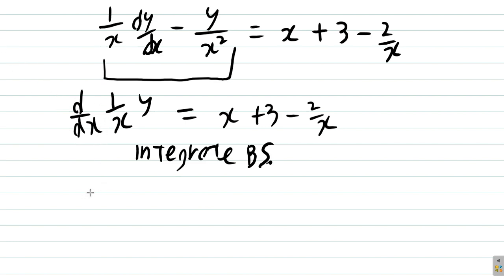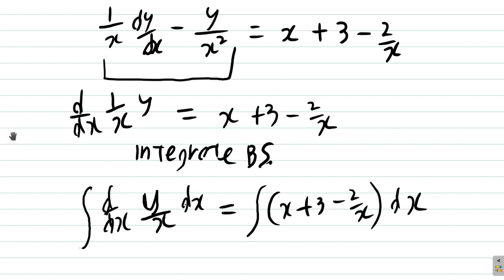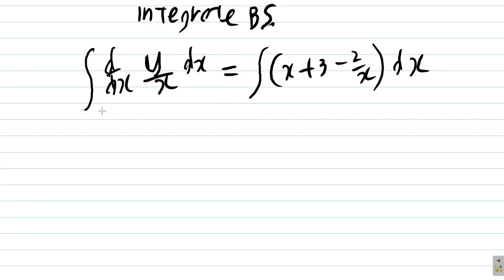So what you have is the integral of d by dx of, we can call this y over x now, right? The integral of this dx is equal to the integral of x plus 3 minus 2 over x dx. Alright? So, let's see what happens here. The integral and derivative, those cancel each other.